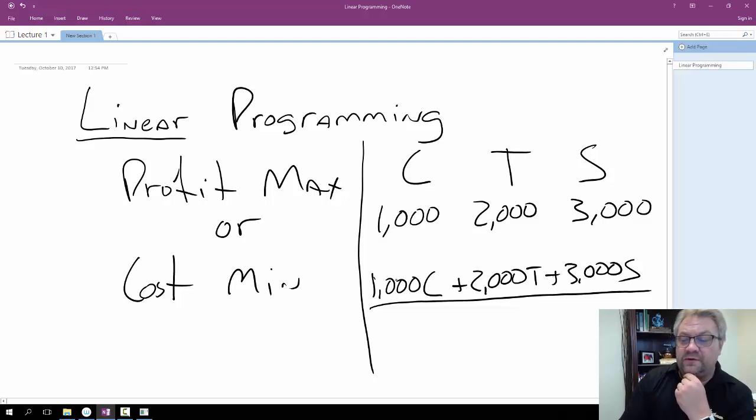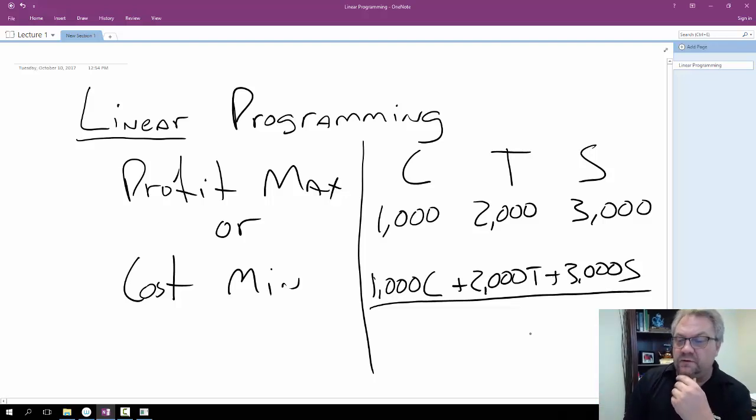If I were just to maximize this function, the outcome would say, well, produce an infinite amount of cars because you get $1,000 per car, produce an infinite amount of trucks because you get 2,000, and produce an infinite amount of SUVs because you get even more with the SUVs.